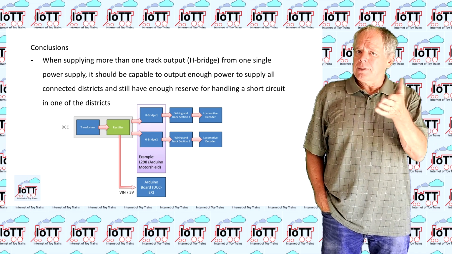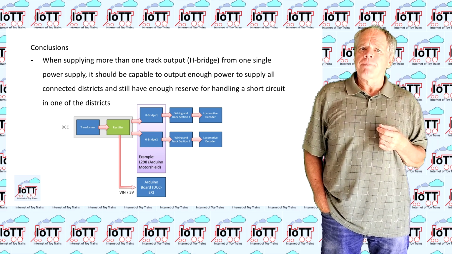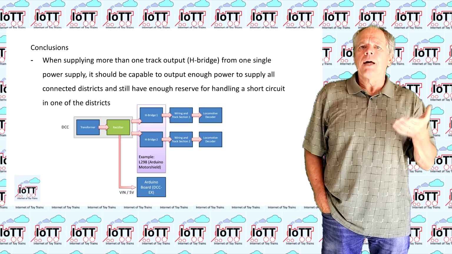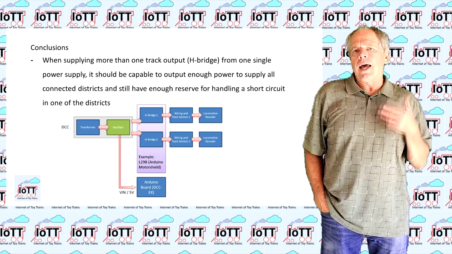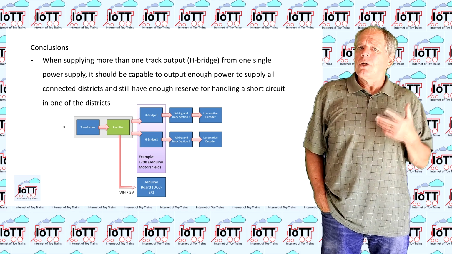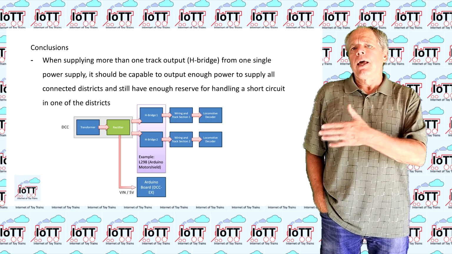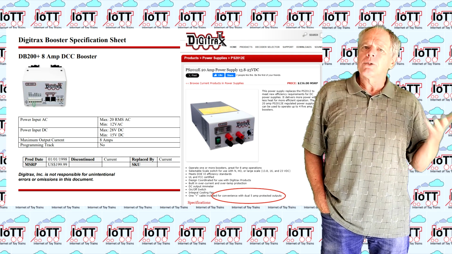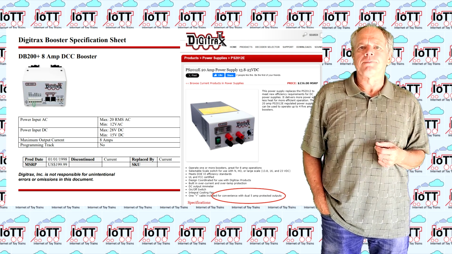If you supply, say, 4 5-amp districts from one power supply, a nominal current of 10 amps would probably be what I'm looking for. It might also be a good idea to add a circuit breaker before the boosters and command station to protect the wiring between the power supply and the boosters, as it is recommended, for example, by Digitrax when supplying 2 boosters from the same PS2012E power supply.